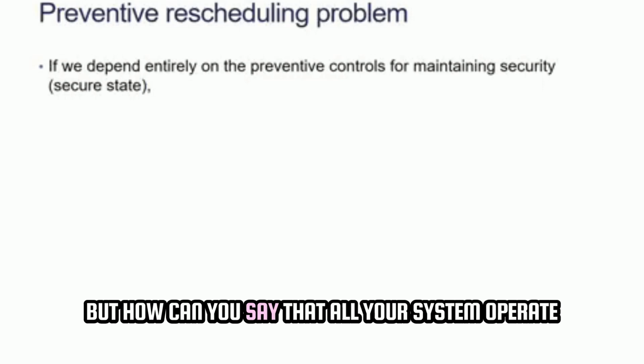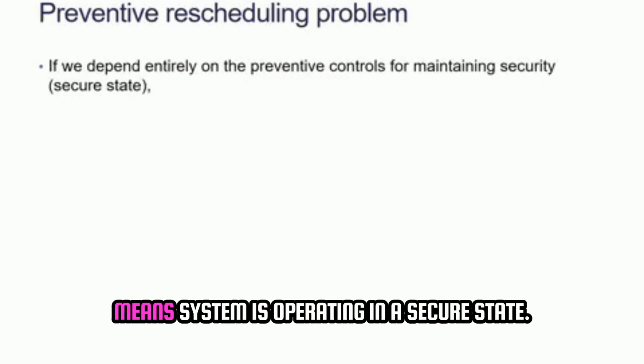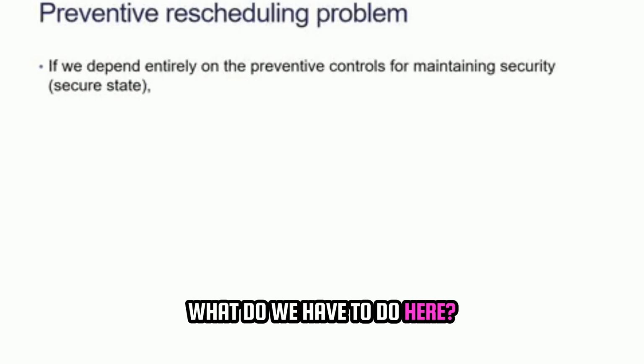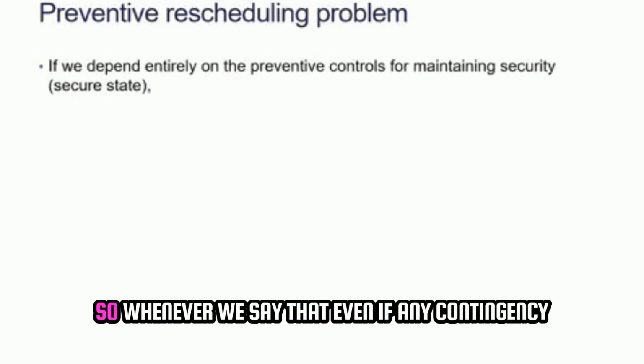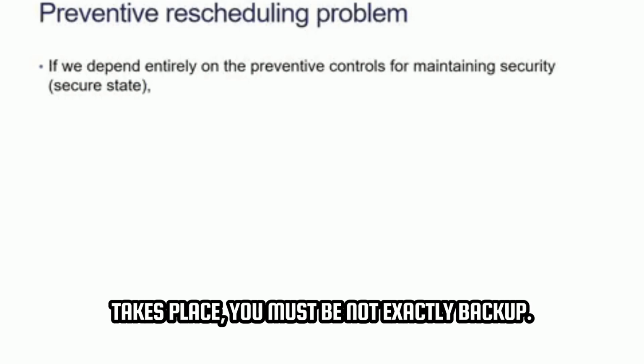But how can you say that your system is operating in a secure state? What do we have to do here? Exactly. Whenever we say that even if any contingency takes place, you must be... not exactly backup.